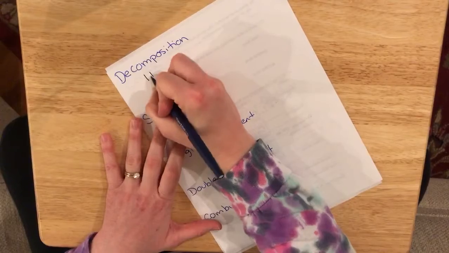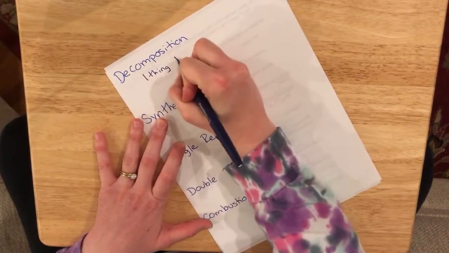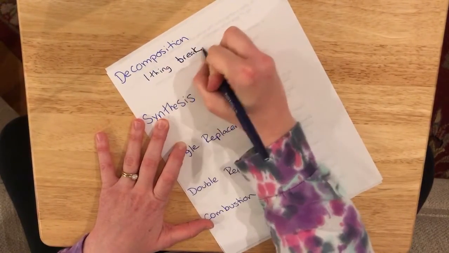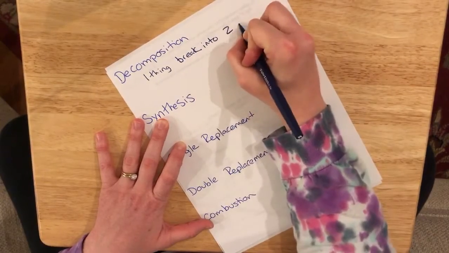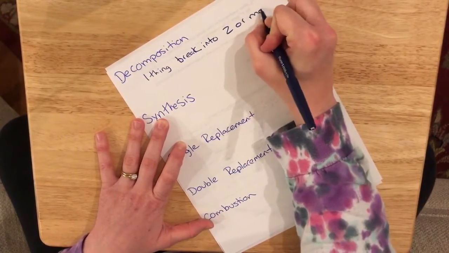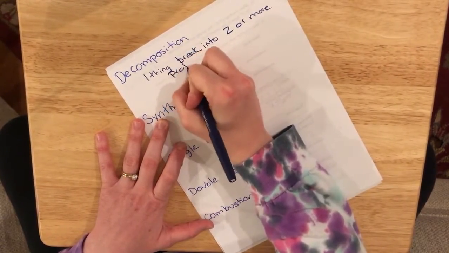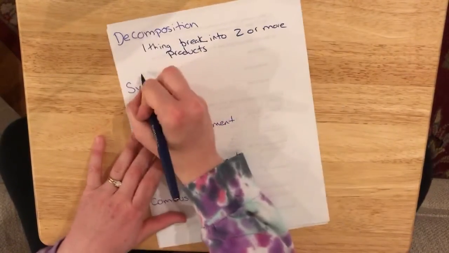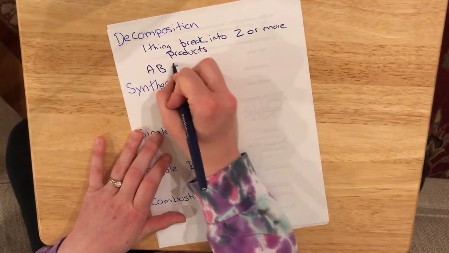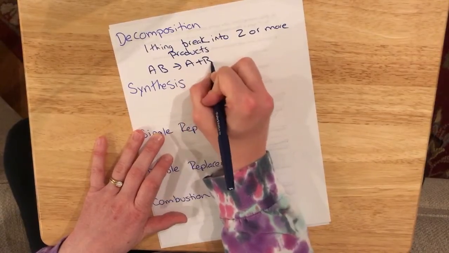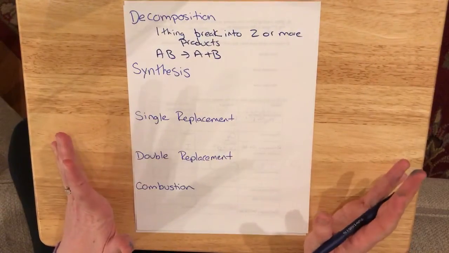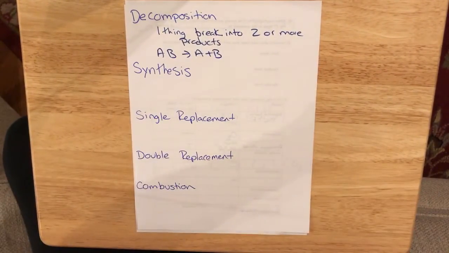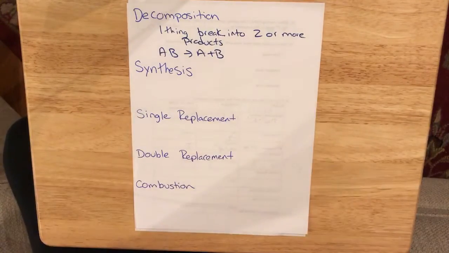So decomposition is where you have one thing break into two or more products. We had a sample equation and we said something like AB might break into A plus B. In that little video that we had with the Flintstones, they broke apart.